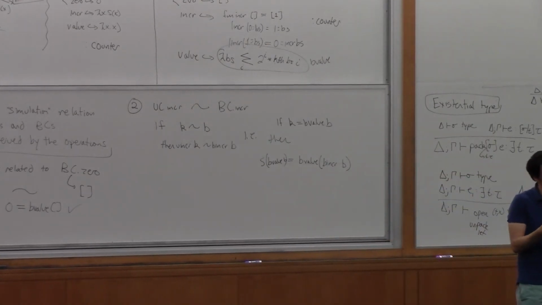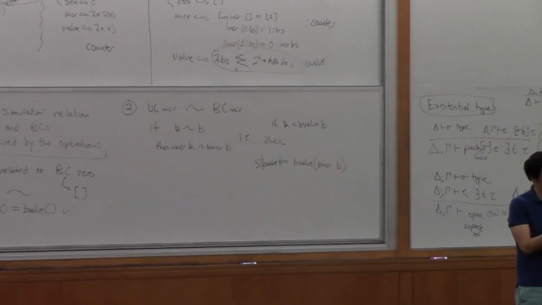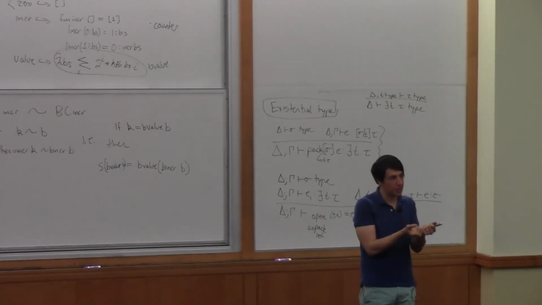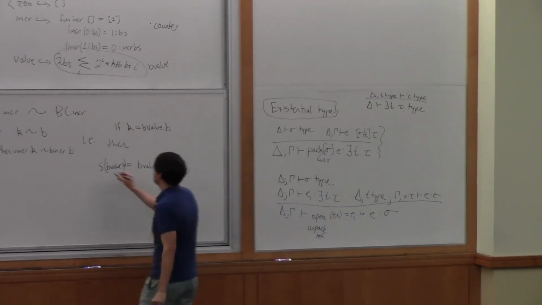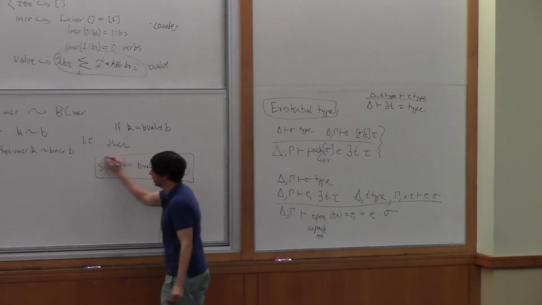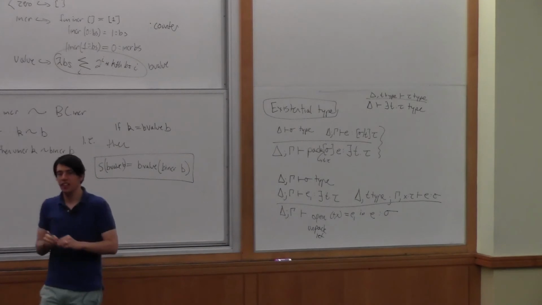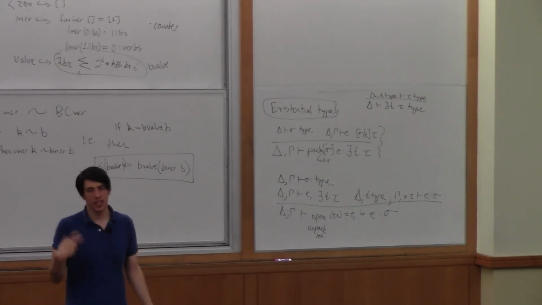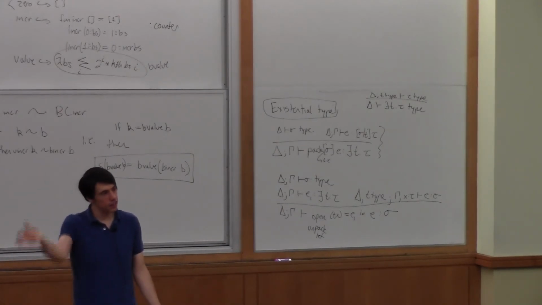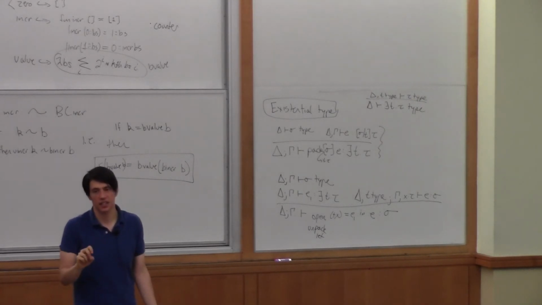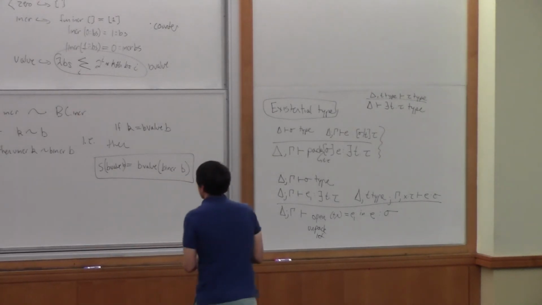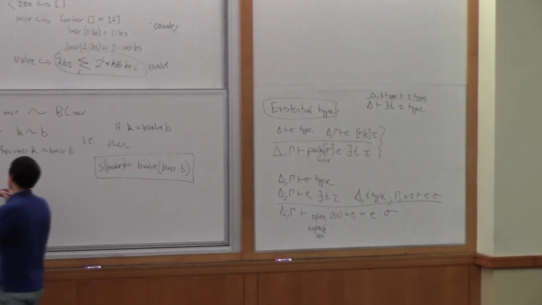Okay, so expanding out the definitions, right? So this afternoon we'll give you the systematic account of what's going on here. If you specialize it to this case, it gives you a really natural proof obligation, right? Which says that if you do an increment on a binary counter and then convert it to unary, that's the same as converting it to unary and then taking the successor. Okay, so that's what we need to prove there.